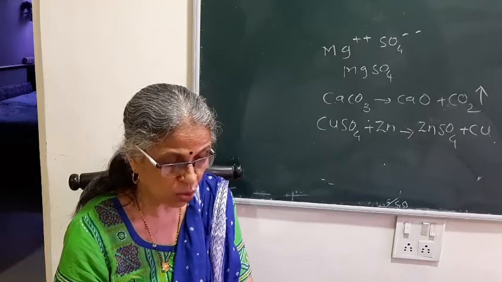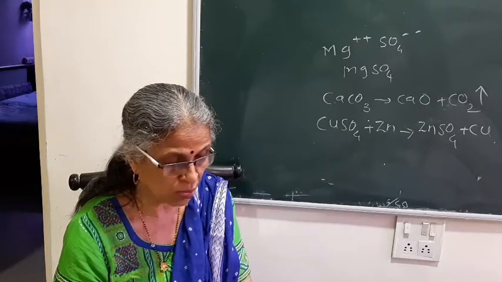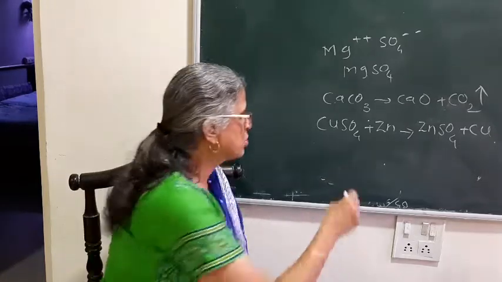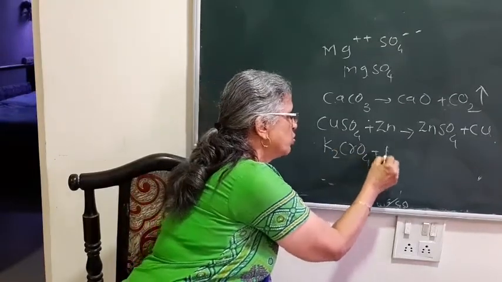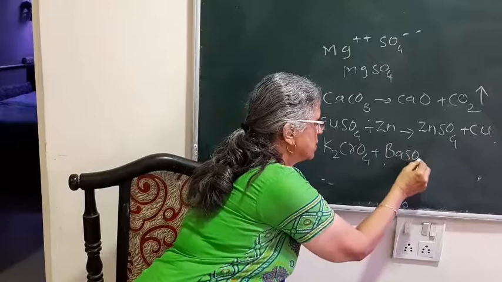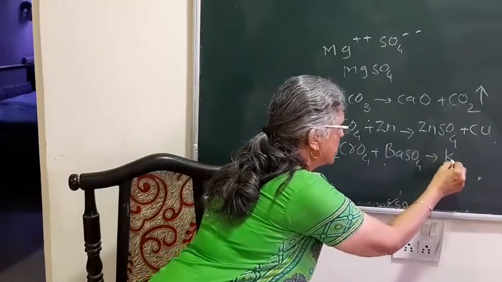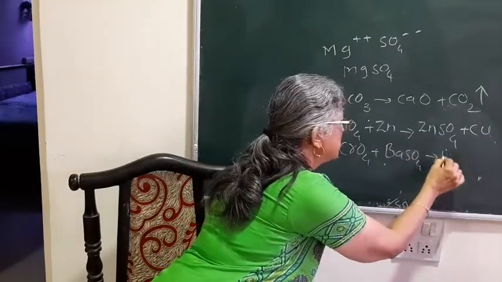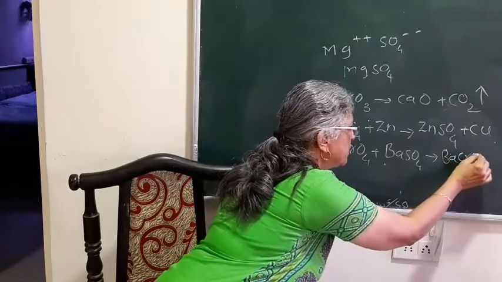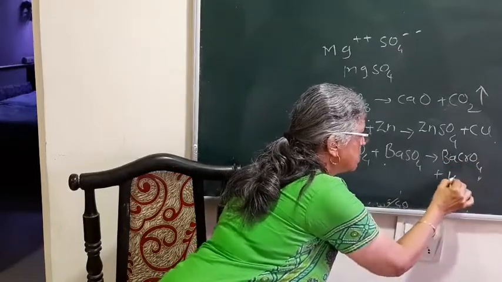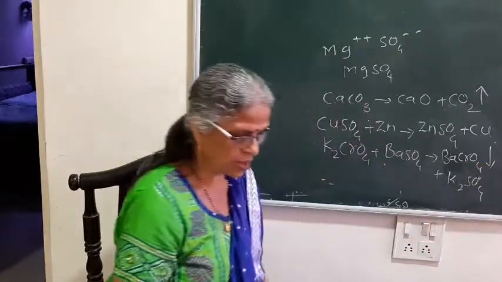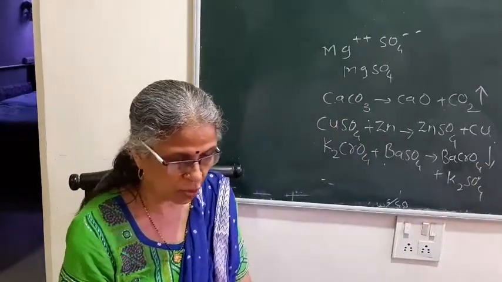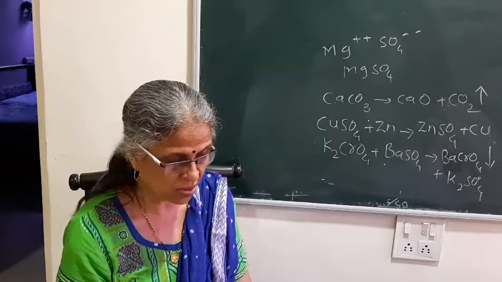Add potassium chromate K2CrO4 solution to barium sulfate solution. So K2CrO4 plus BaSO4 gives BaCrO4 plus K2SO4. It is a double displacement reaction. We get a yellow precipitate of barium chromate, and potassium sulfate is formed.